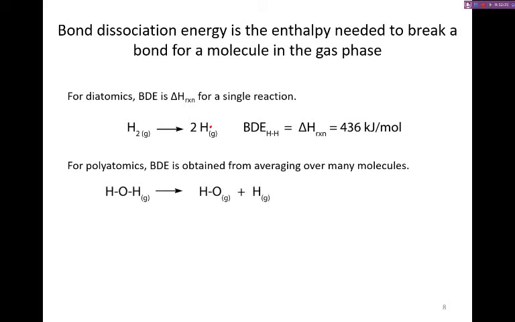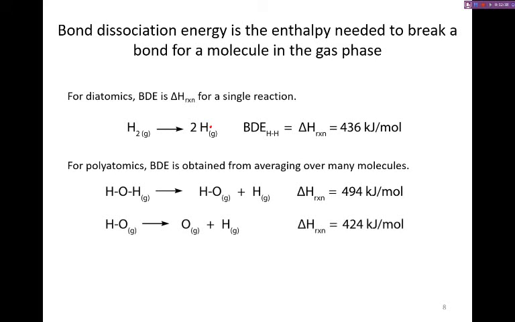So for example, for water, we would see that to break the oxygen-hydrogen bond, it's 494 kilojoules per mole. But if we just look at hydroxide, it actually is less energy. And so when we look at the OH bond, it's actually an average of that.